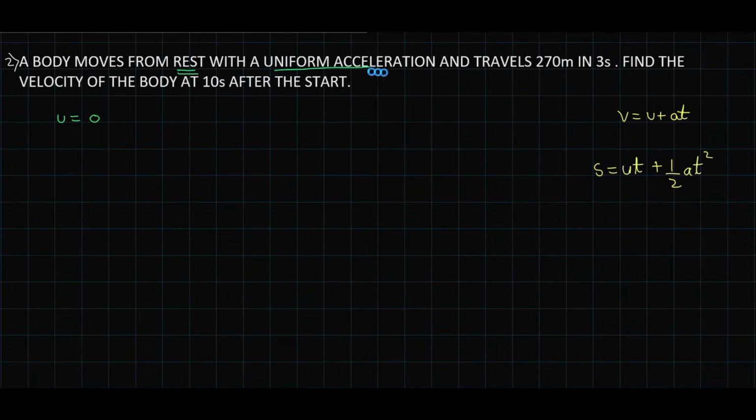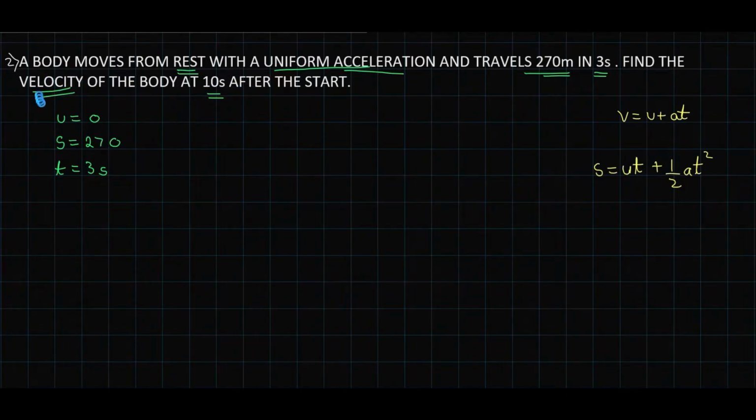With uniform acceleration, from this we understand that the acceleration of the body is uniform throughout the motion of the body. And it travels 270 meters in 3 seconds. The displacement equals 270 meters and time equals 3 seconds. We have to find the final velocity of the body after 10 seconds.